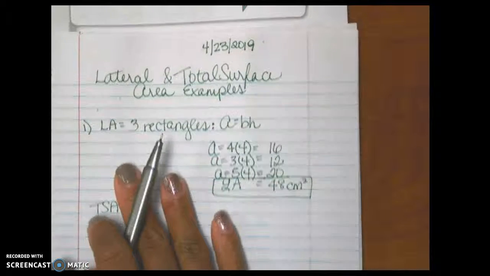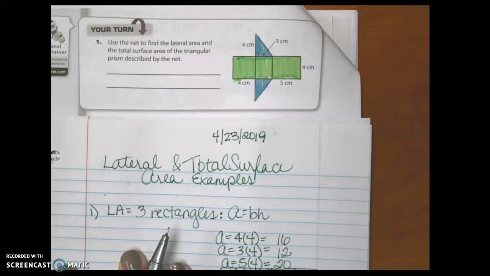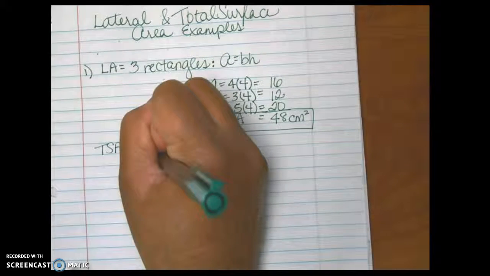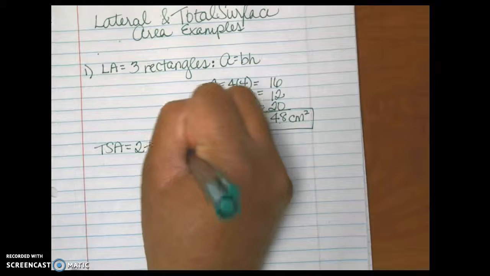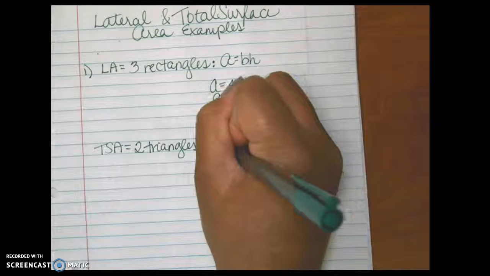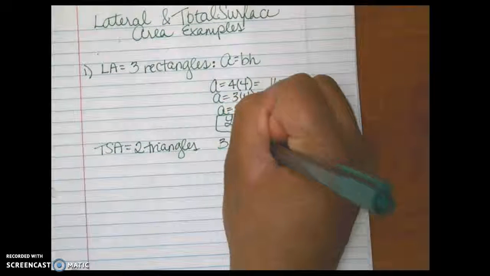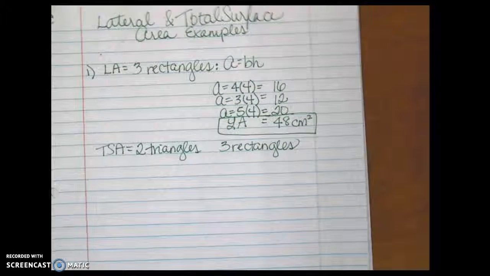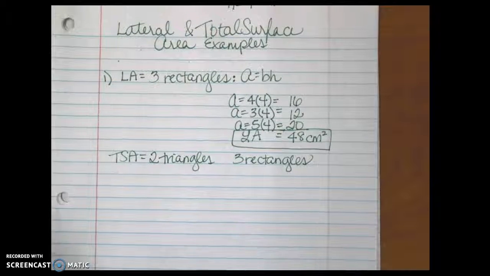What are all of my faces? How many? And what else? You said rectangles. 3 rectangles and 2 triangles. I thought she said 8 faces too, but then look back in your notes. What was the very last note or bullet point that I made?